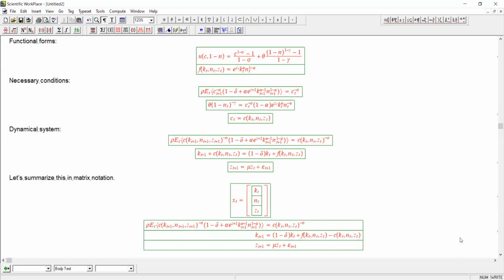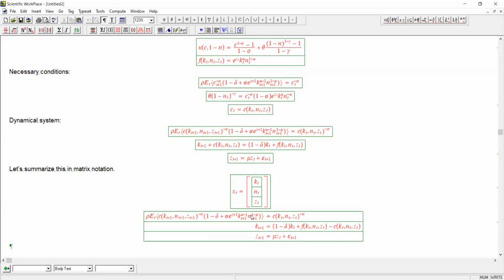So we could write this in the following way. You could stack these 3 expressions, 1, 2, 3, and just call them a vector-valued function g. The expected value of a vector-valued function g, which is nothing more than these 3 expressions stacked.